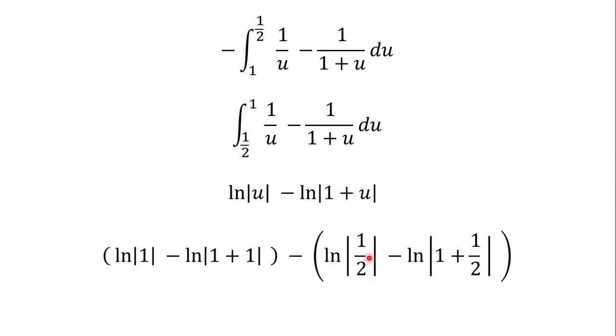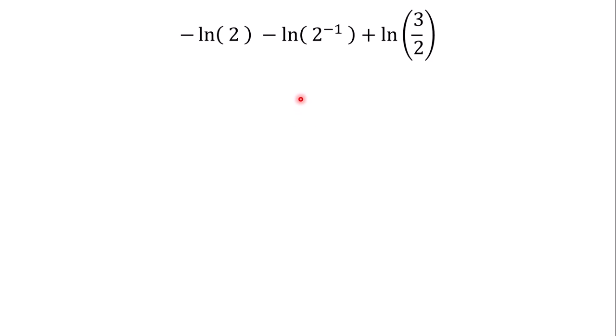So this 1/2 here can be written as 2 raised to the power minus 1. Now when you come to this side, 1 plus 1/2 gives us 3 over 2. Good. Now here is minus natural log of 2 minus natural log of 2 raised to the power minus 1 plus natural log of 3 over 2.